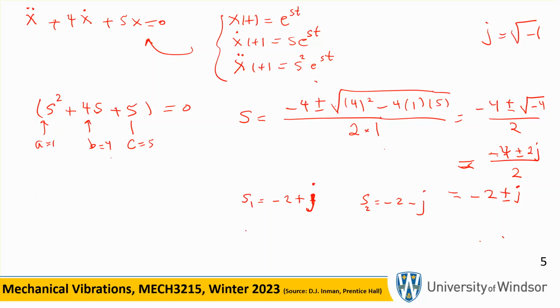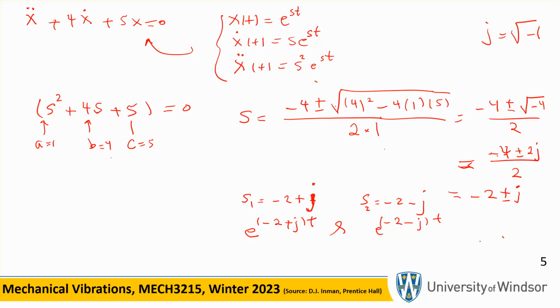So the solution in complex form is e to the minus 2 plus j, remember it's s times t, and e to the minus 2 minus j times t.